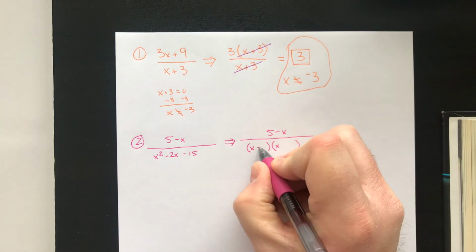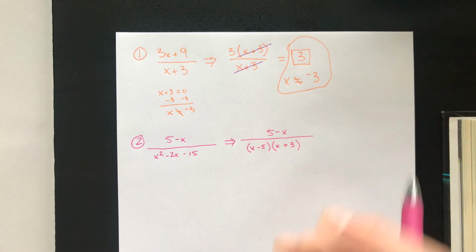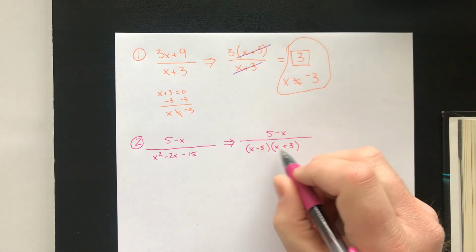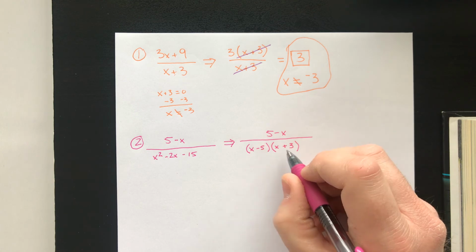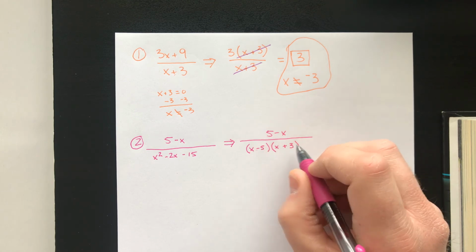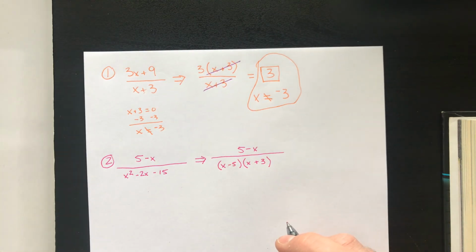That's going to be a negative 5 and a positive 3. So we can already kind of see what our excluded values are going to be, because if this is 0 or this is 0, then the whole denominator goes to 0.